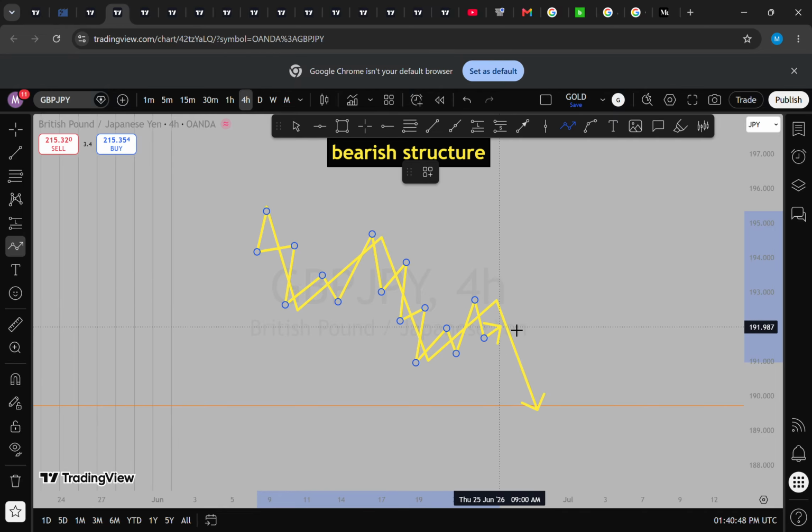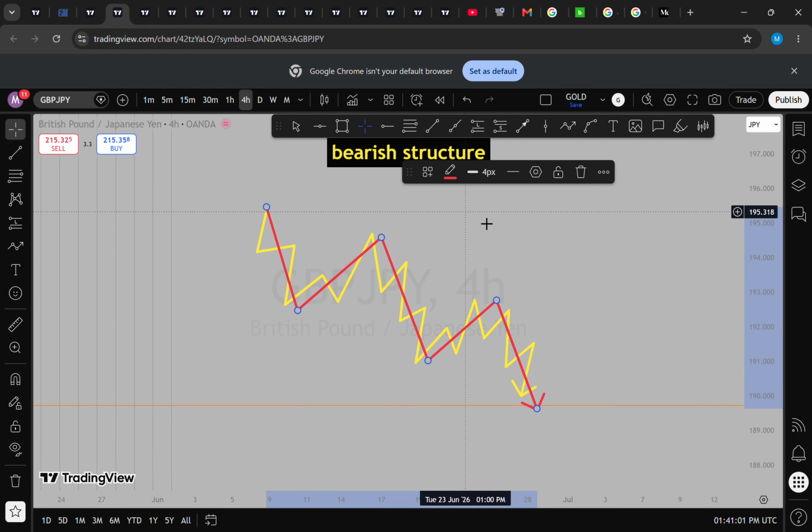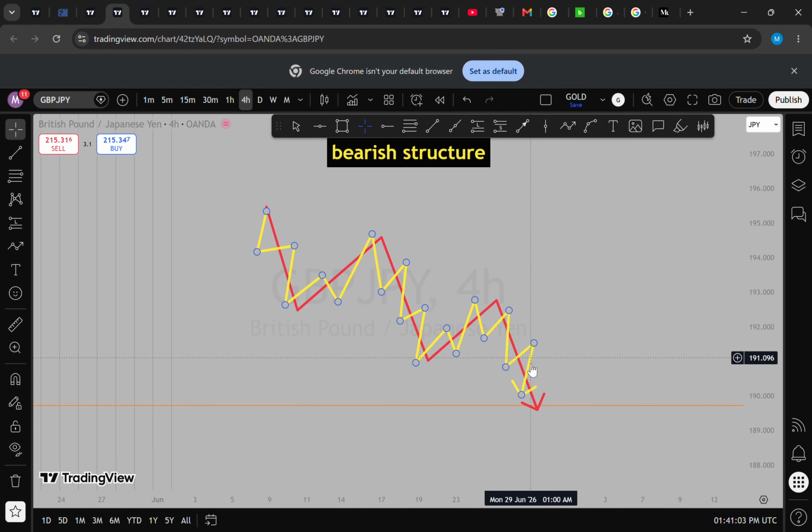So in a bit I'm going to change the color, so that we can differentiate between the two. So let me change the color of this to red. Then the yellow, we'll keep the yellow. So right now what do we have here?